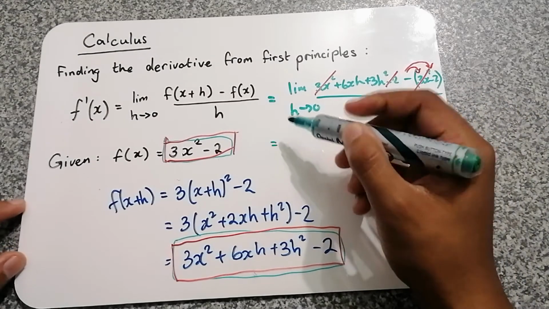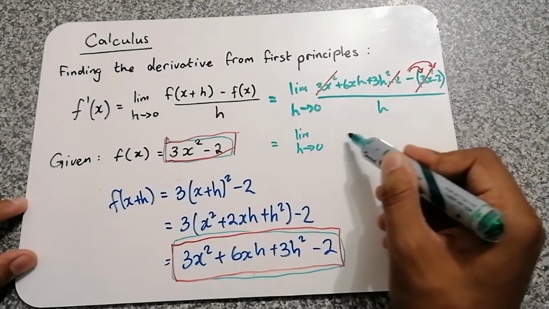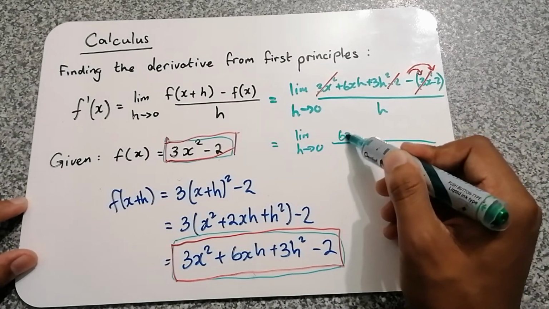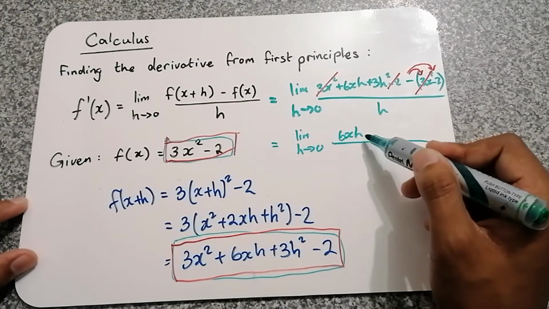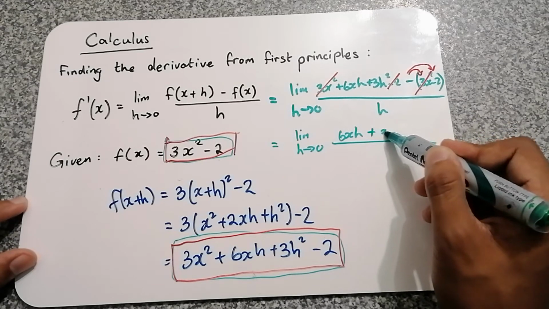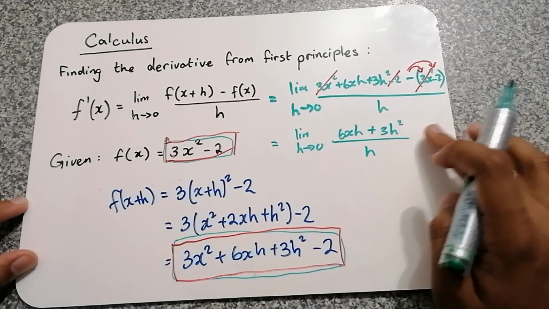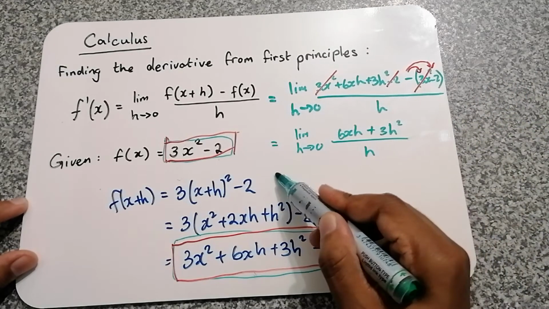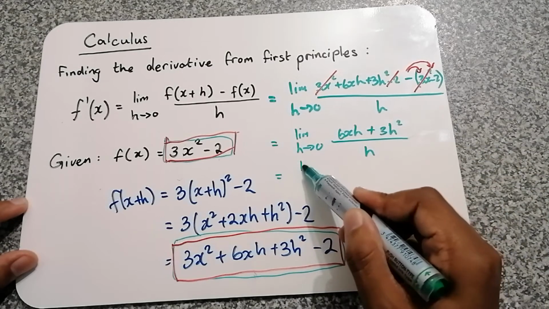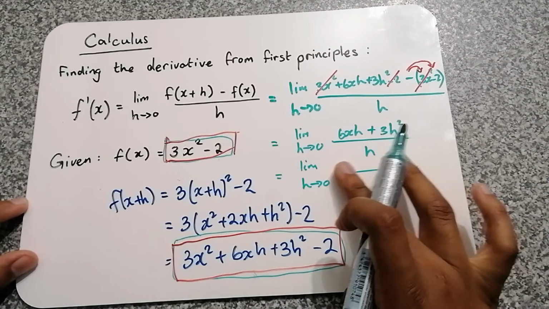So basically, here we are left with the limit as h approaches 0 of 6xh + 3h² divided by h. Now we are going to take out h as a common factor on the numerator.